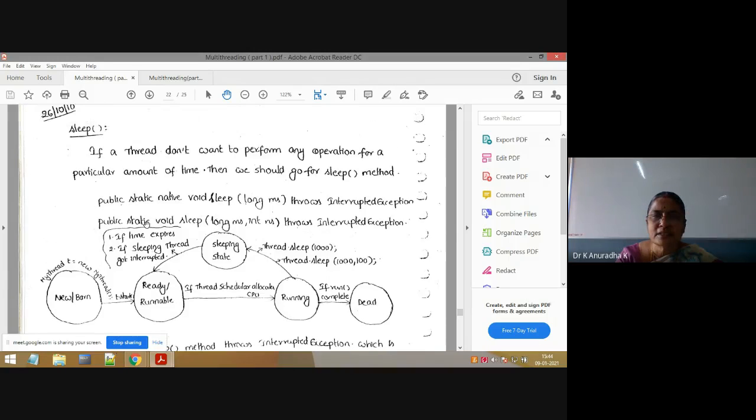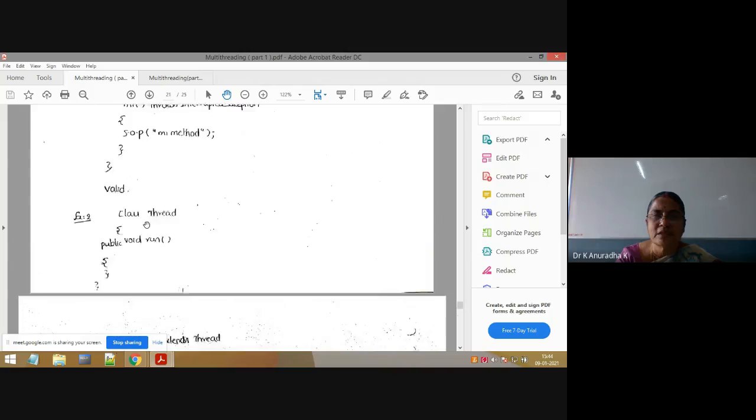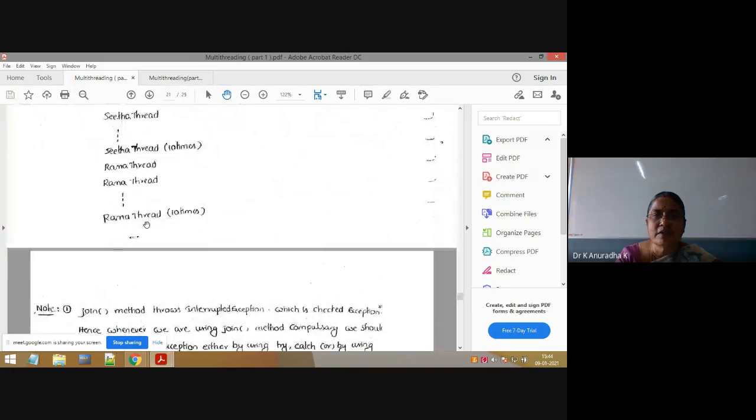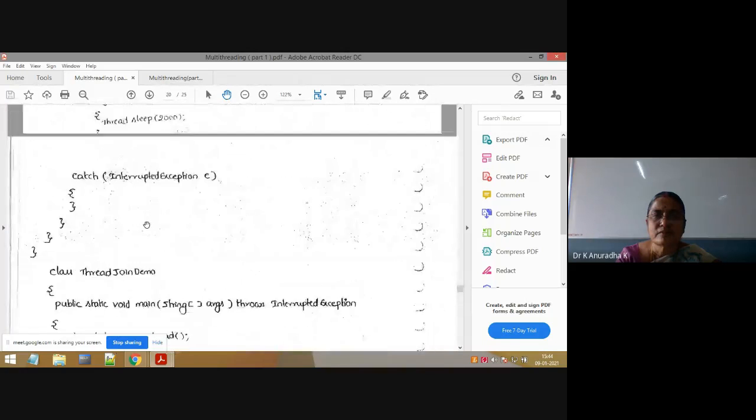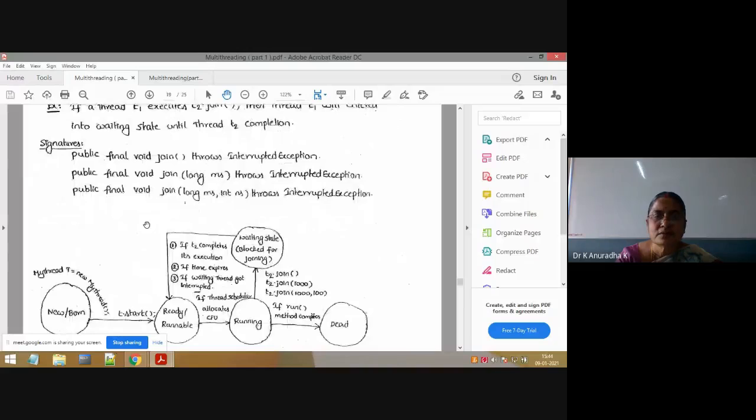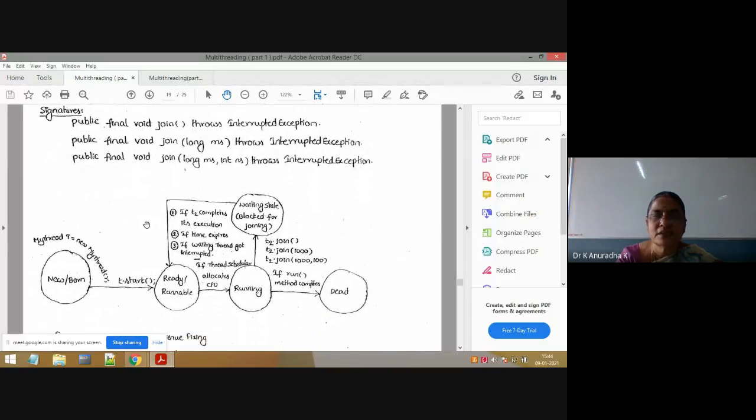Next, in the join method also, in the diagram I have written, there we have taken the waiting state. So this is the join method, and this is the waiting state now. When the thread is in the waiting state, here I have written if the waiting thread got interrupted, means when this waiting thread got interrupted by using the interrupt method.